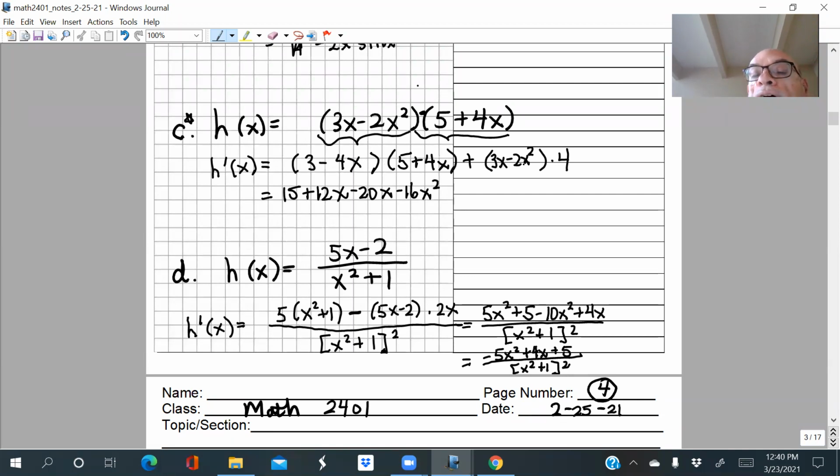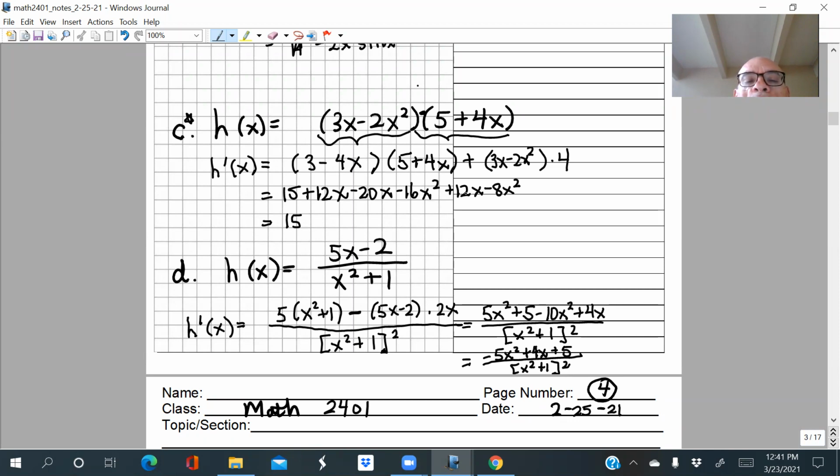And now let's expand this set of parentheses. So I have 4 times 3x is 12x. And then 4 times minus 2x squared, that's minus 8x squared. And now we just add like terms together. Let's see, what like terms do I have here? I don't think there's any other constant term other than 15, so we'll keep the 15. How many x's do we have here, though? There's a plus 12x, and there's another plus 12x.